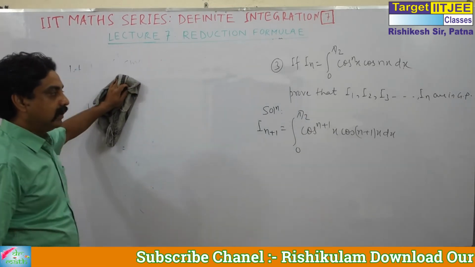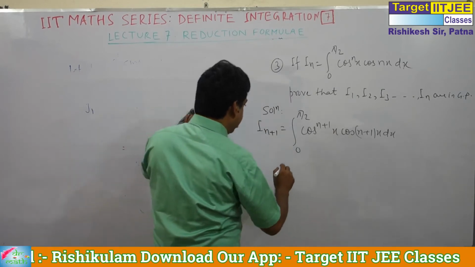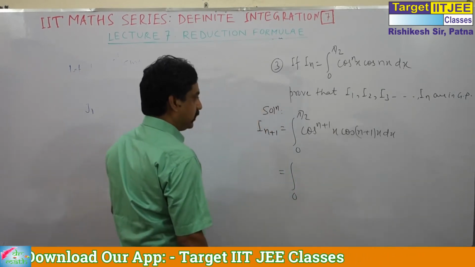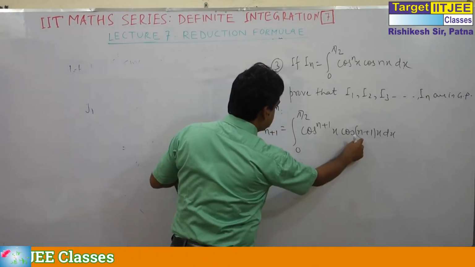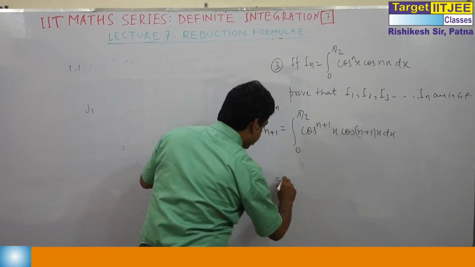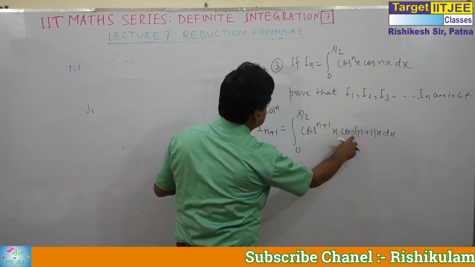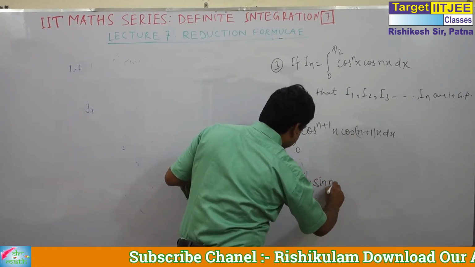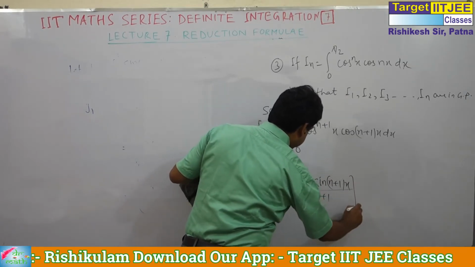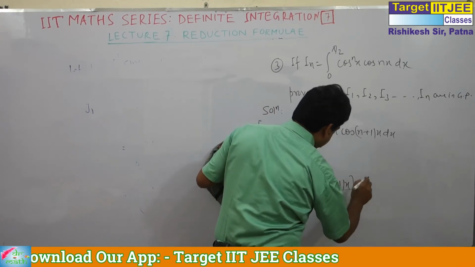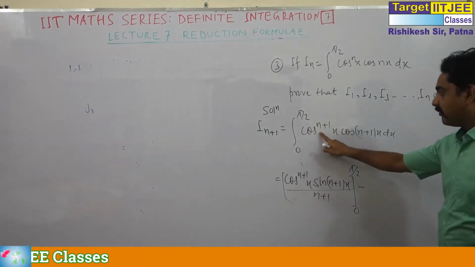Now apply integration by parts. On applying integration by parts, we get the integral from 0 to pi by 2. Take this as first function, this as second function. So this is first function, cos to the power n x, into integration of second function. What is the integration? Sin (n+1)x by (n+1). This is complete, so 0 to pi by 2, minus differentiation of first function.